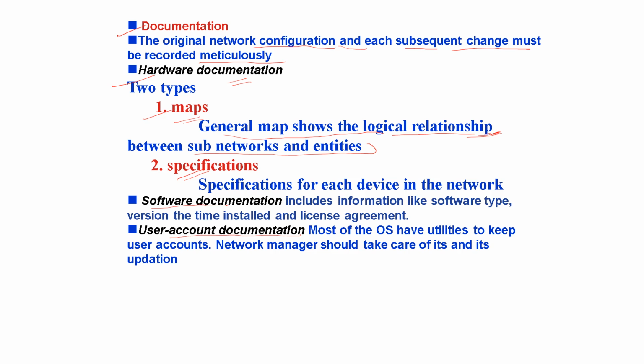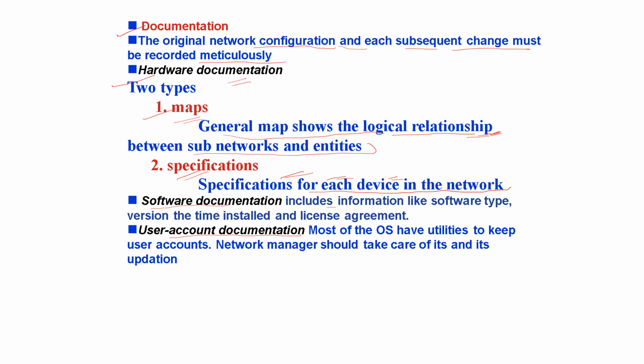Another is specifications. That is, the specification for each device in the network has to be kept as a document: what is the bandwidth of each device, who is the manufacturer of each device, what is the warranty deadline for each device, and all this information and their specifications must also be recorded.